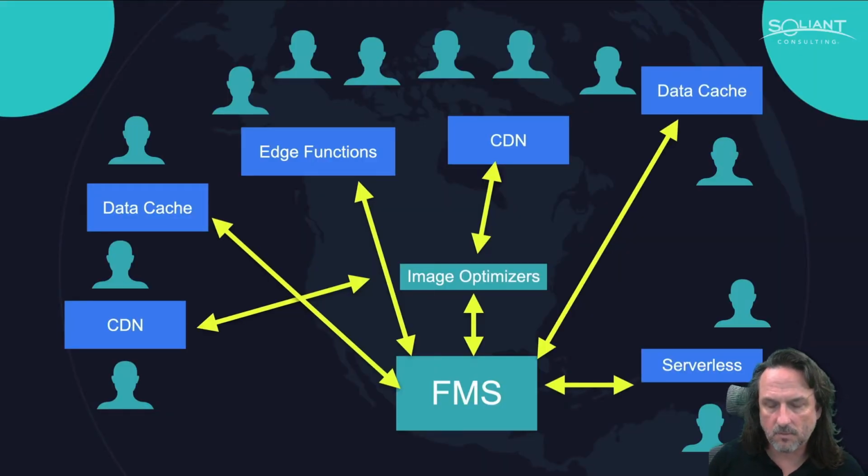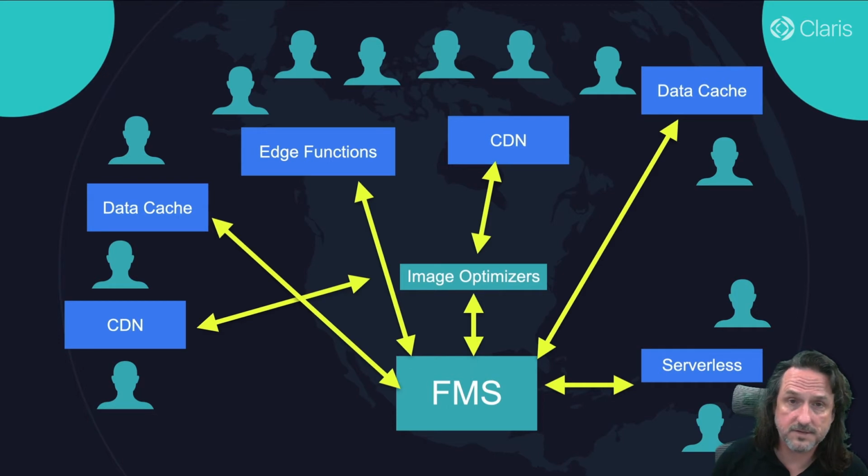So what's happening behind the scenes is that we've got a FileMaker server running on our cloud, and in between the users, which you can see as the blue users around the outside, and the FileMaker server, we've got a bunch of cloud services that are out there mediating access to the FileMaker server. So these would be things like content delivery networks, called CDNs.